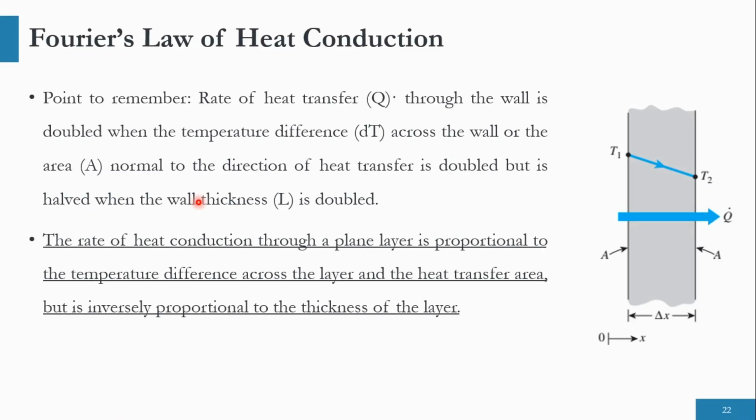And the rate of heat conduction through a plane layer is proportional to the temperature difference across the layer, directly proportional to the heat transfer area, but inversely proportional to the thickness of the layer. So the rate of heat conduction has a direct relationship with the temperature difference and the area, but an inverse relation with the thickness of the layer.